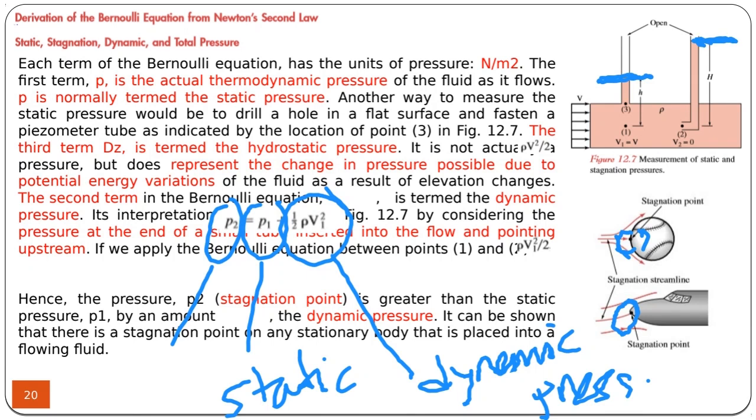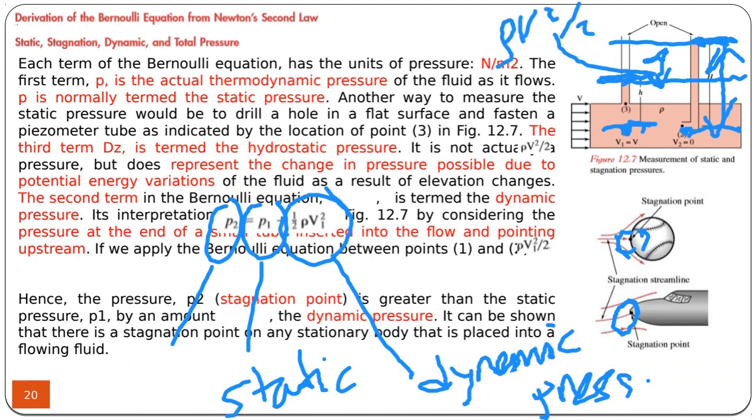Because the fluid particle here has not only the local pressure, but also the dynamic pressure. But when it comes to a stop, we have P1 plus the dynamic pressure. So the difference between this and that actually corresponds to dynamic pressure.